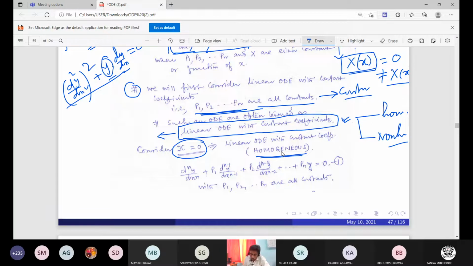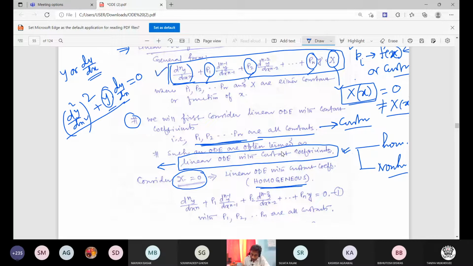Then the equation that we have written earlier takes a very simple form, that is, the right hand side is 0. The only difference between this equation and equation 1 is that the right hand side is 0. As I have mentioned, first of all, we'll consider these coefficients P1, P2, Pn to be all constant.